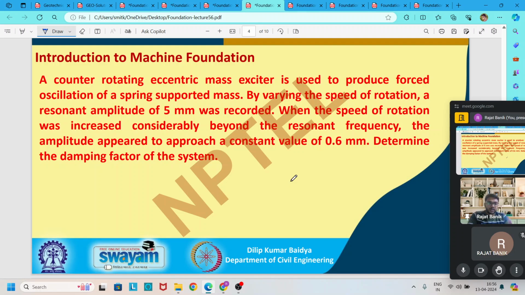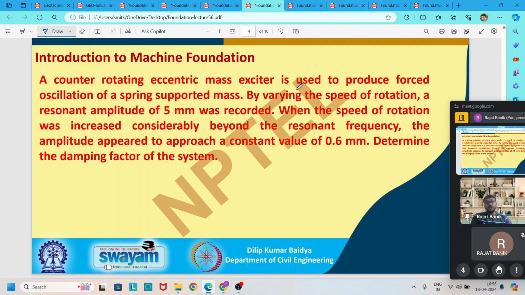By varying the speed of rotation, a resonant amplitude of 5 mm was recorded. When the speed of rotation was increased considerably beyond the resonant frequency, the amplitude appeared to approach a constant value of 0.6 mm. Determine the damping factor of the system.